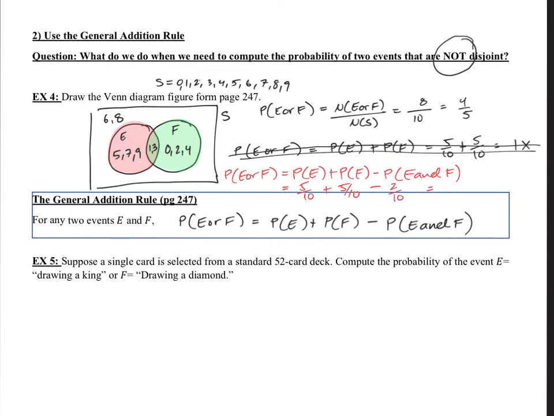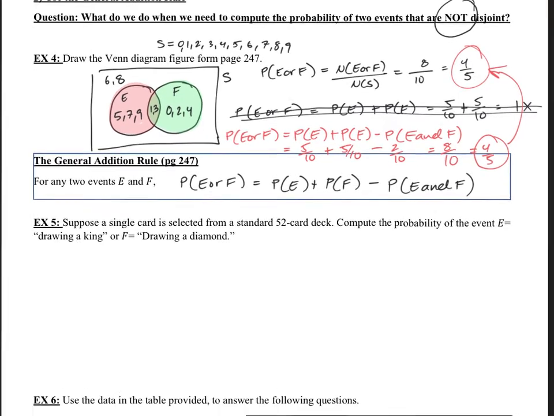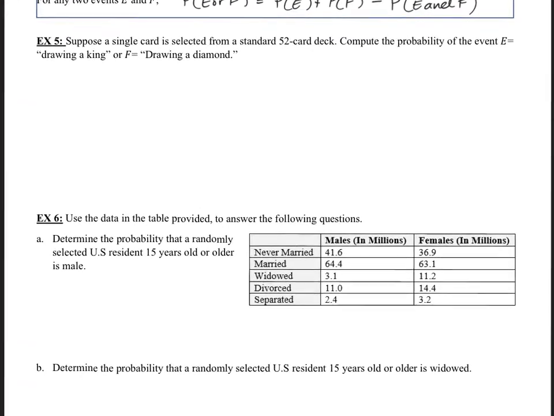And that would give us 8 out of 10, which simplifies to 4 out of 5, which we had found previously. So that method does work. Alright, so be careful if you have disjoint events. A lot of times it's easier to just use the general addition rule in case the events may actually not be disjoint.